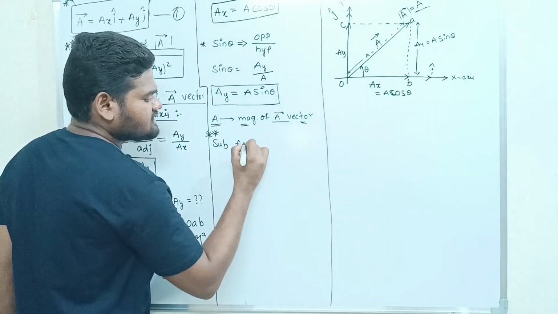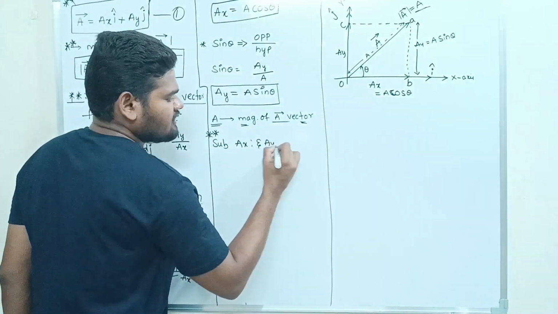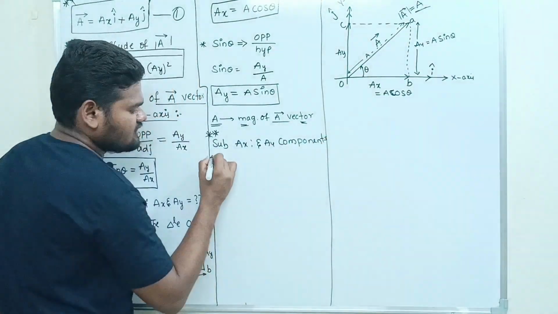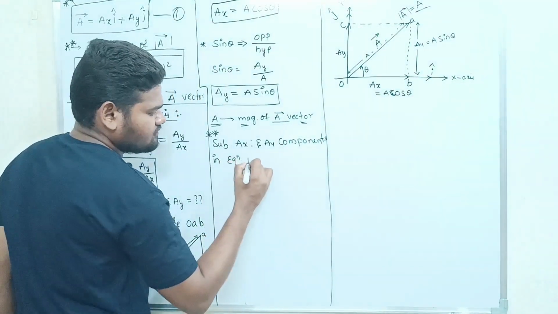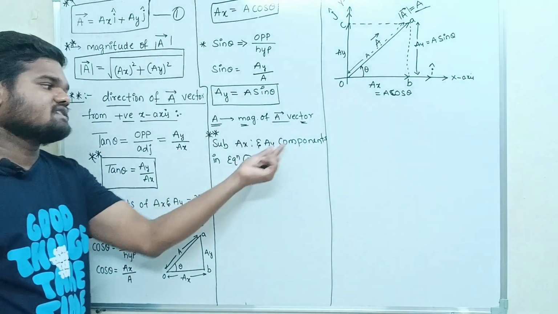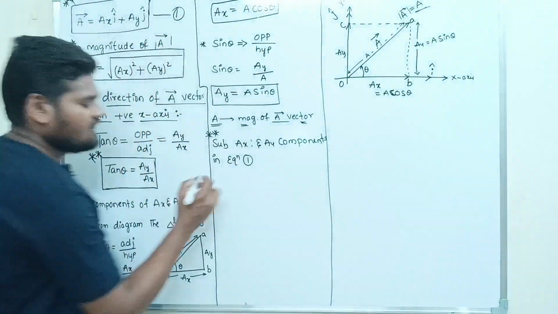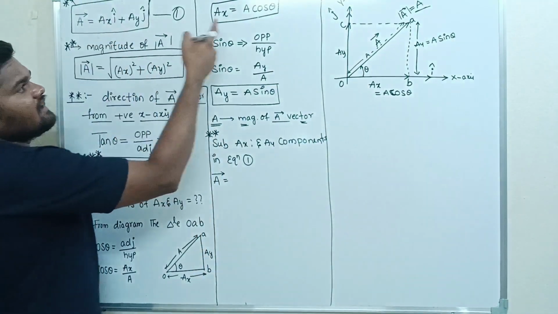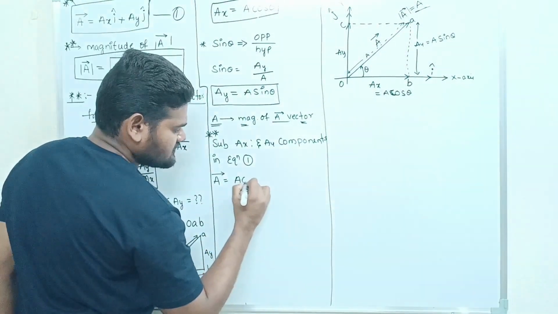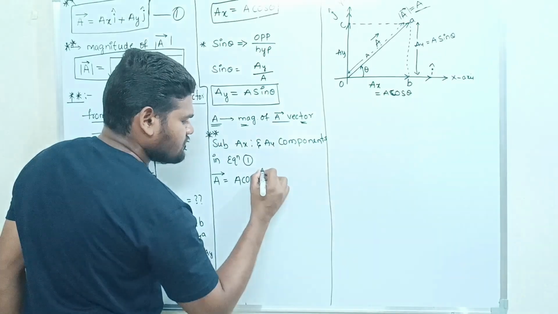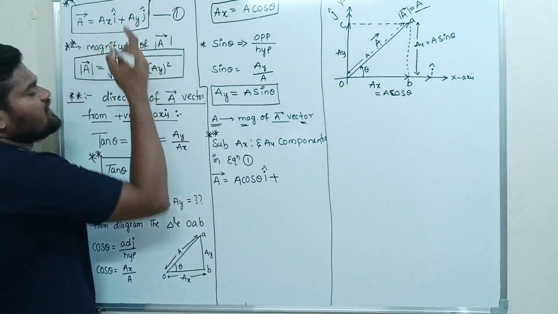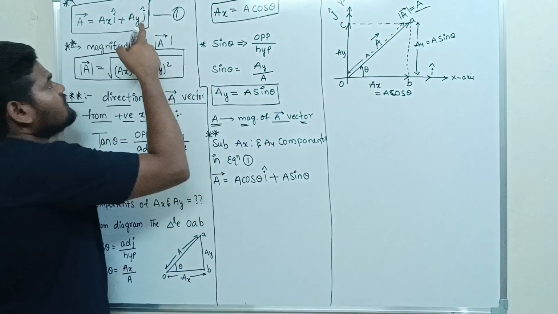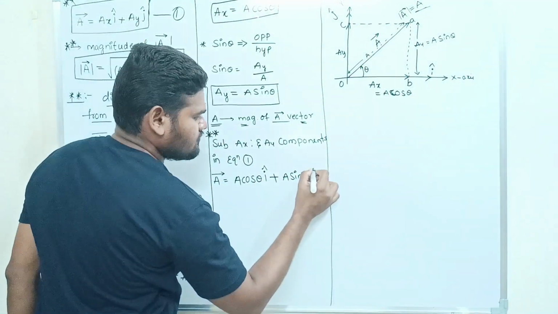Substitute AX and AY components in equation 1. Then we will get A bar is equal to, AX is A cos theta into I cap, plus AY, which is A sin theta into J cap.